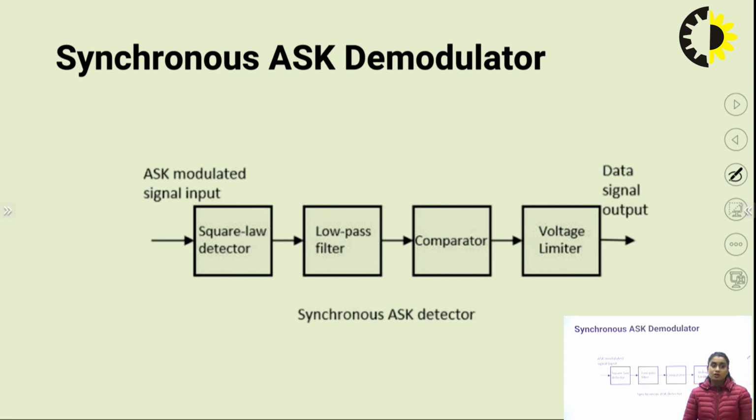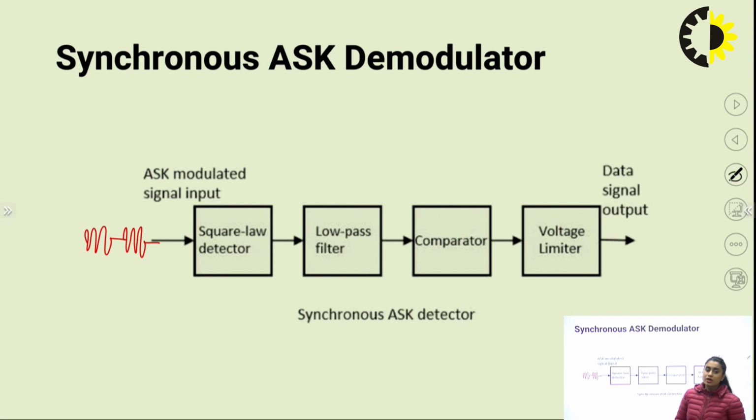Now if I talk about synchronous detection, how ASK can be demodulated using a synchronous detector, then this will have some information about the carrier which was used at the transmitter. How does it work? The input to the detector will be the ASK modulated wave. It first passes through a square law detector.